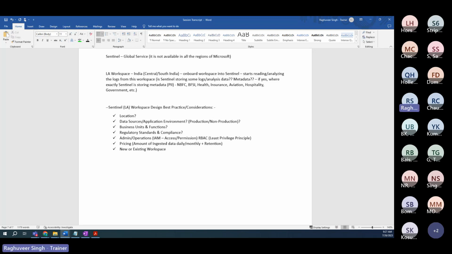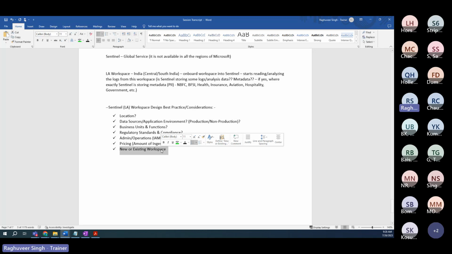So if that is the case, then definitely you have an existing workspace, and that existing workspace may already have logs getting ingested from various data sources, the data sources that you will need to monitor using Sentinel. If that is the case, then should you be using an existing workspace or a new workspace? This is another design consideration that you need to decide.